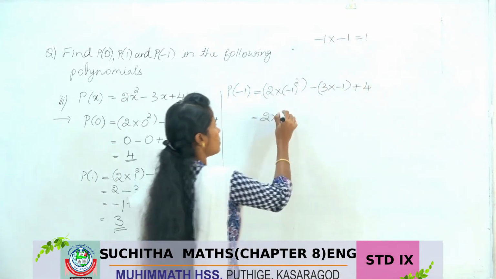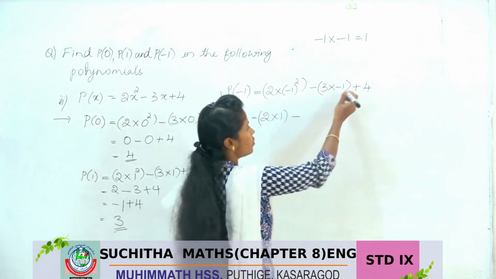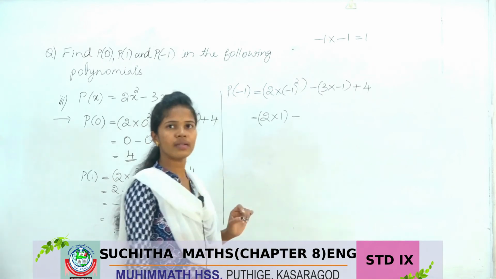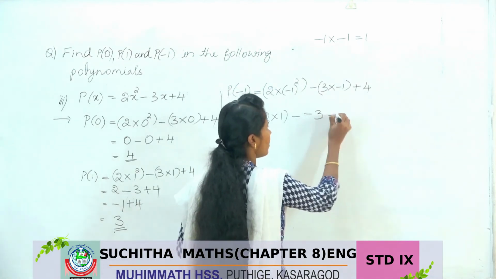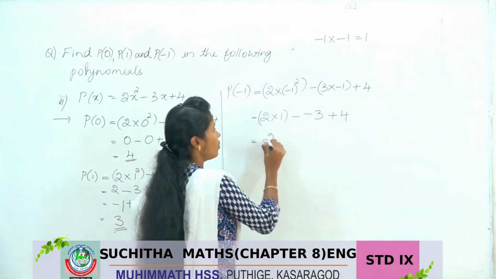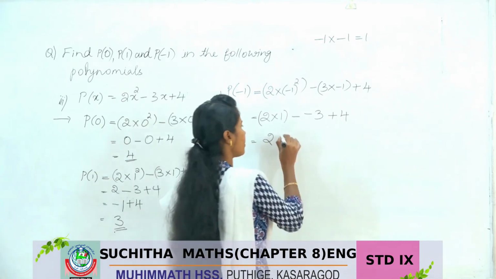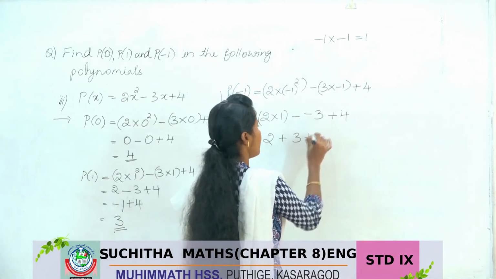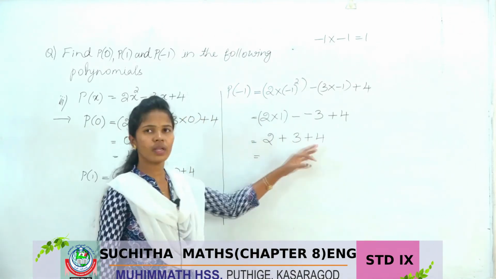That is 2 into 1 minus 3 into minus 1. 3 into minus 1 is minus 3 plus 4. That is 2 into 1 is 2. Then minus minus becomes plus 3 plus 4. That is 2 plus 3, 5. 5 plus 4 is 9.